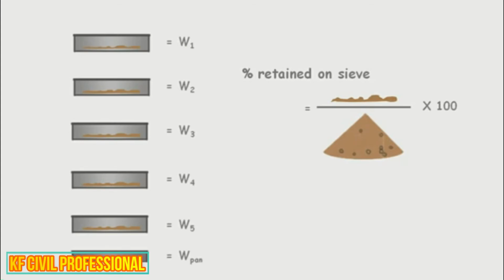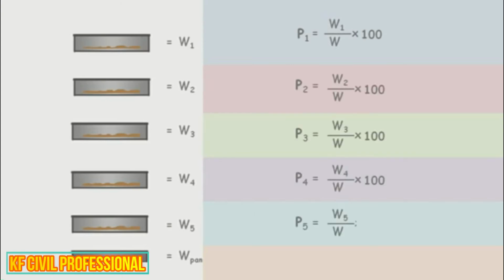This way we know what percentage of total weight is retained on a particular sieve. Percentage weight retained on the first sieve is W1 divided by capital W multiplied by 100. Let's say these percentages are P1, P2, P3, P4, P5 and P pan.